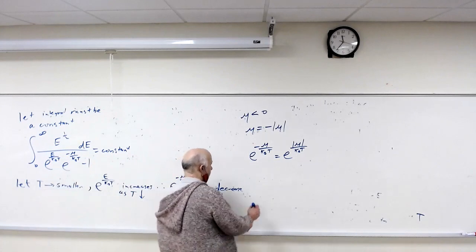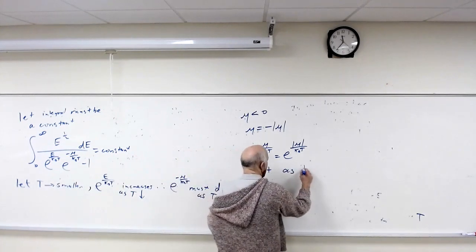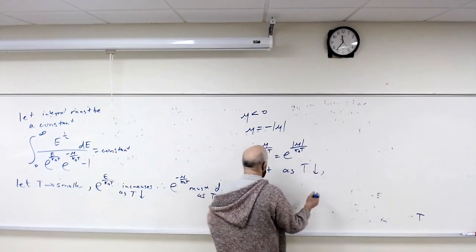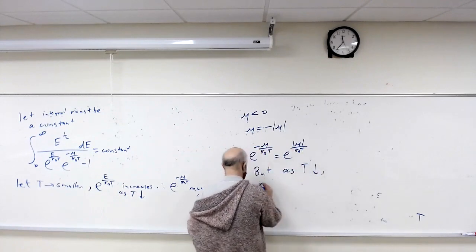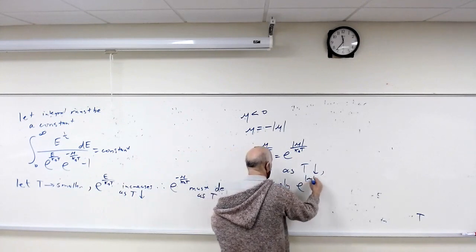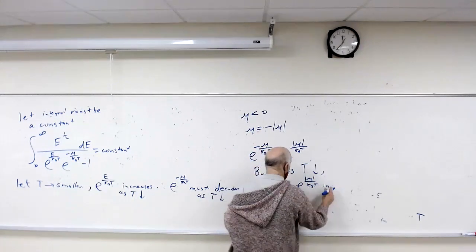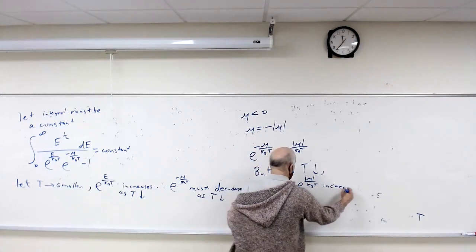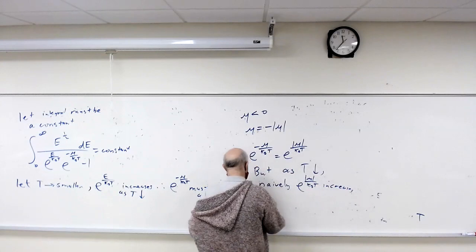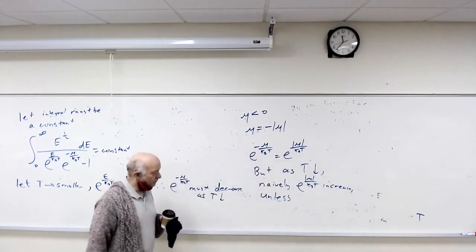Okay, but as T decreases, naively, e to the |mu| over kT increases. Unless, and what has to be the case there?